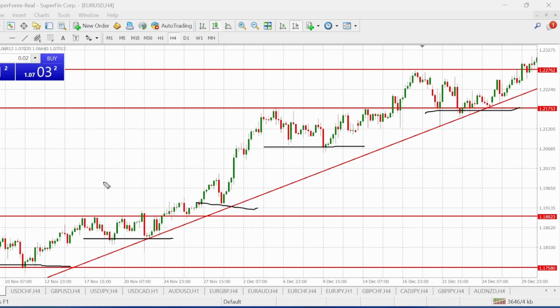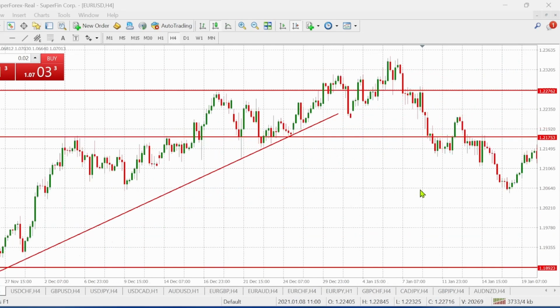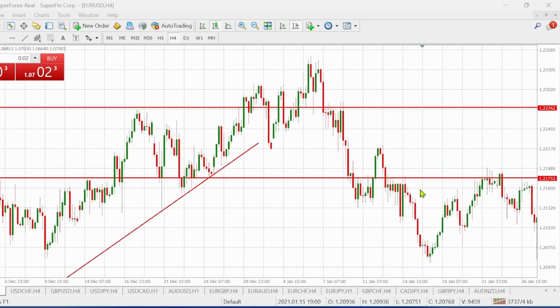Now, let's see what happens if the market breaks the previous pullback. This was our lowest high.